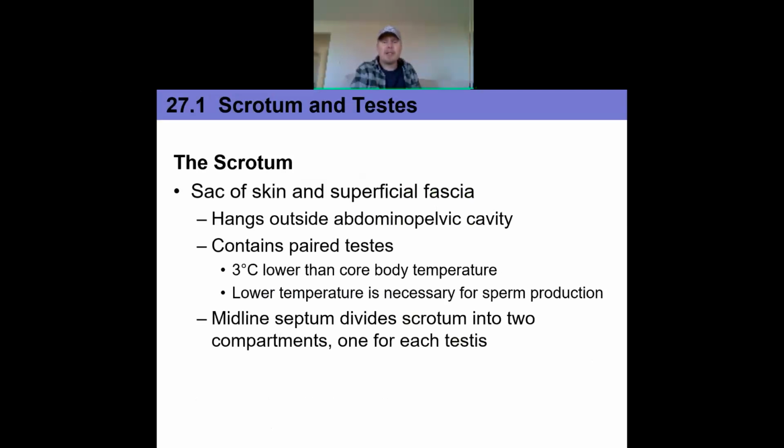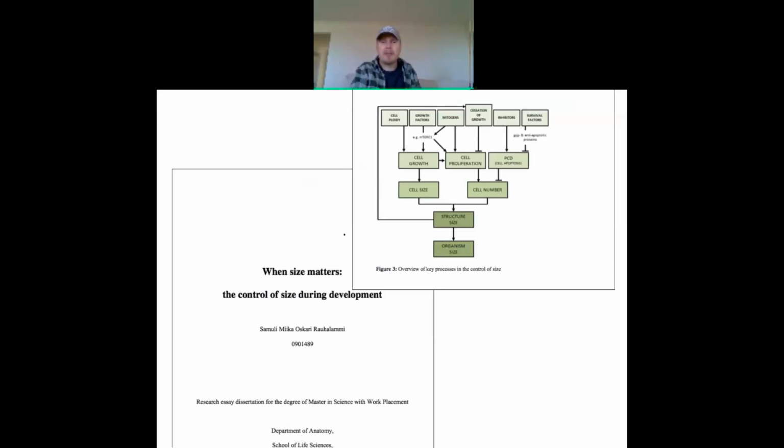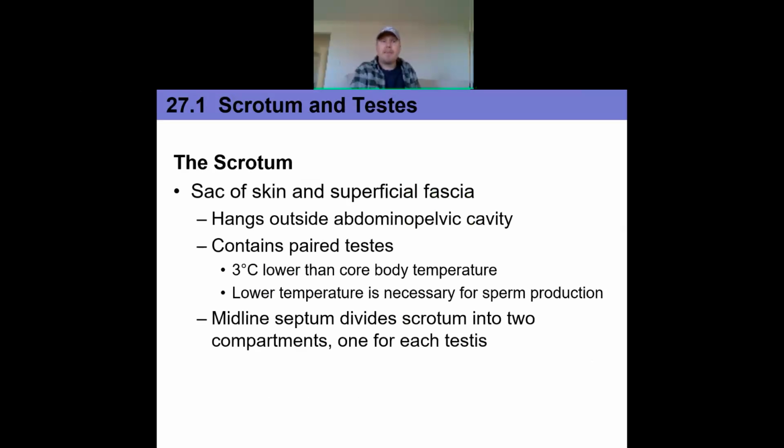There's a couple of other things I've spent a lot of time on, developmental biology. I wanted to mention a few words about the scrotum where the testes are located. So the scrotum is this kind of pouch-like sac.